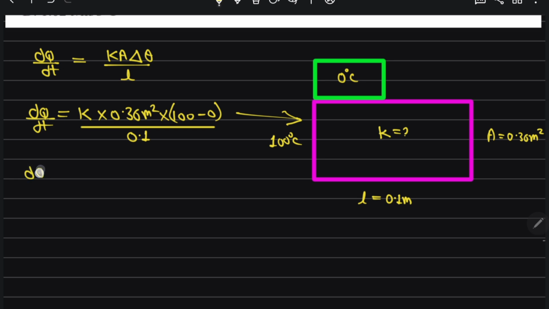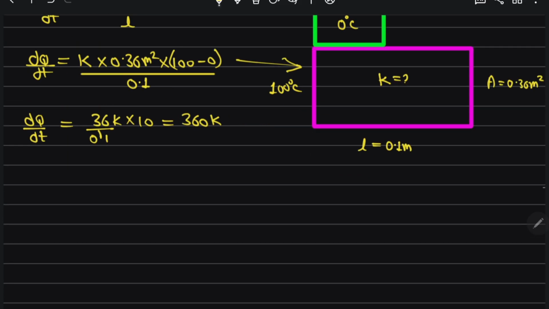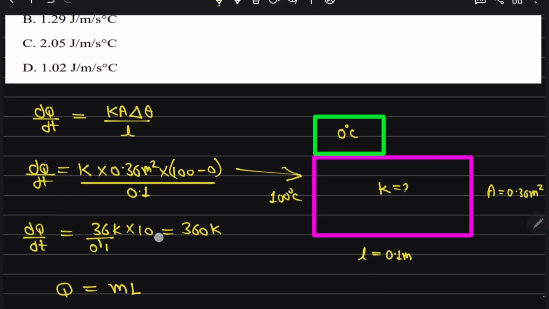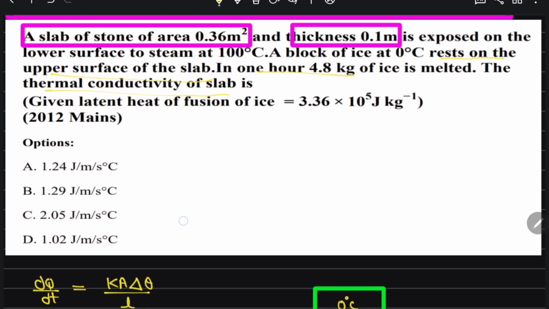So this comes out to be dQ by dt equal to 0.36 multiplied by 100 divided by 0.1, and K is also there. If I cancel the point, this comes out to be 360 K, and that is equal to Q, where Q is equal to mL.